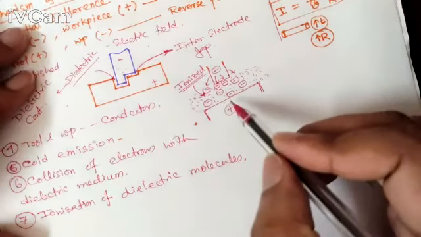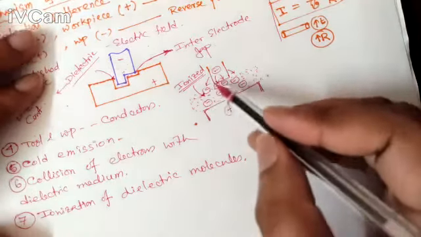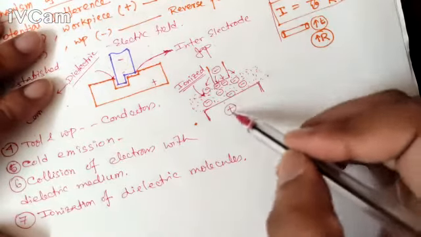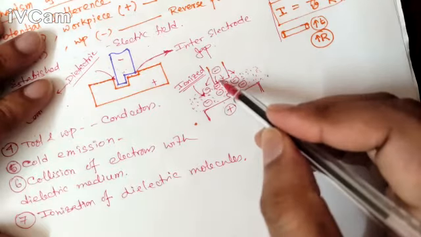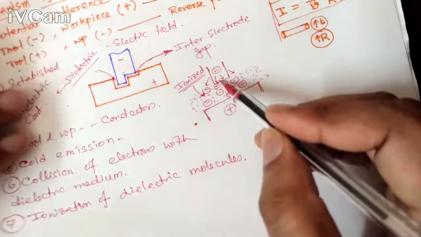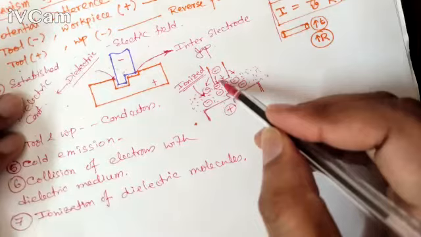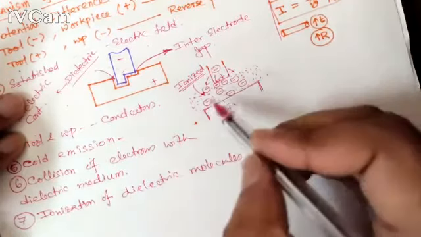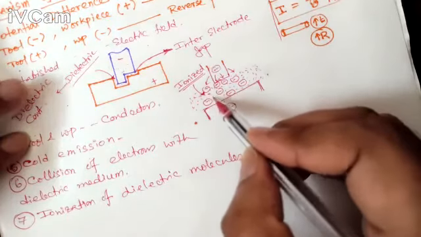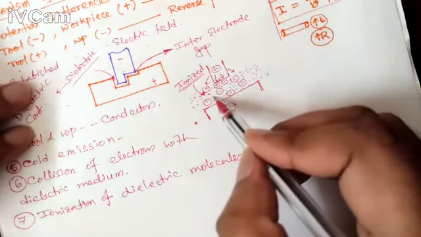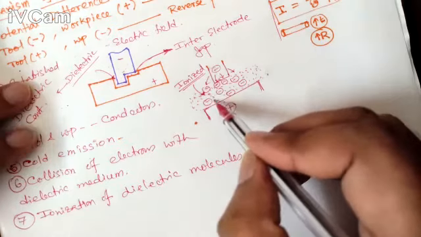Primary collision. After that, some more electrons will start moving because of the attraction between these two poles on these two sides, and because of that, secondary and tertiary collisions will take place. That means these molecules will again move, hit each other, and some collision will take place.